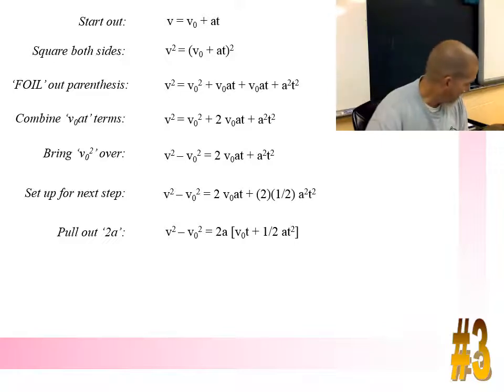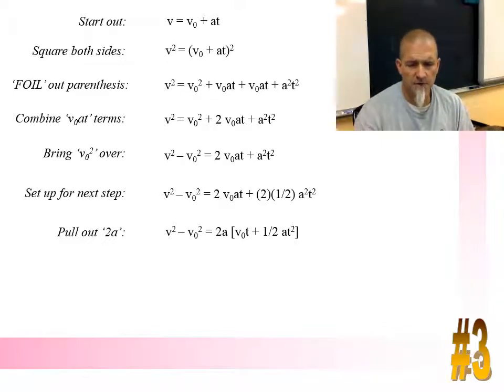And that on its own doesn't look like much, but wait a minute. Actually, it does look like something. Look at this term right here, V0t plus 1/2 at squared. Oh my goodness. Do you recognize what that is? That should be familiar to you.